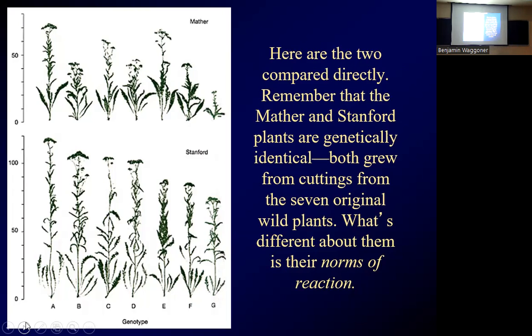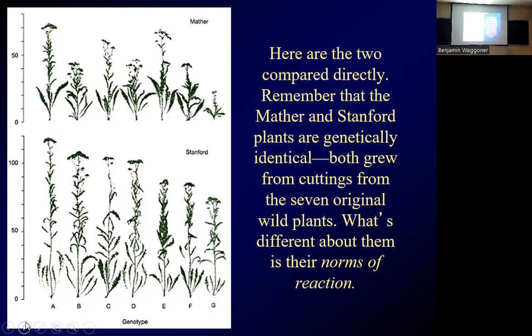Notice how plant A grew the tallest at both Mather and at Stanford. Plant B was second tallest at Stanford, but really small at Mather. All right, you see what I'm getting at?